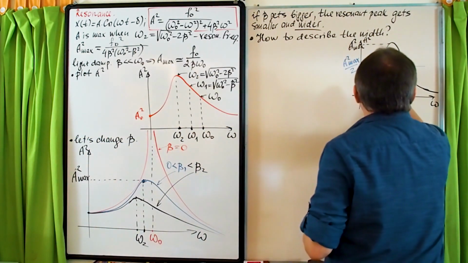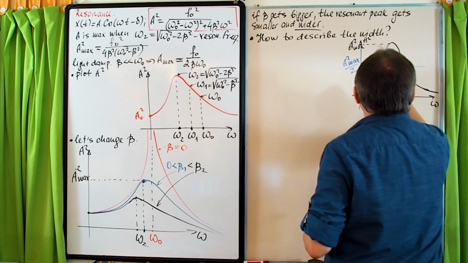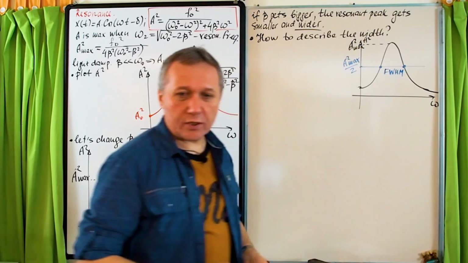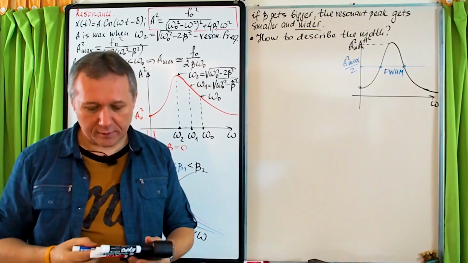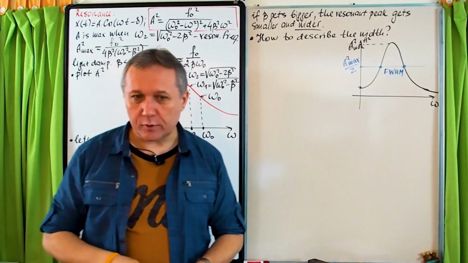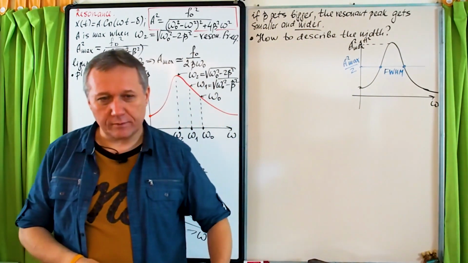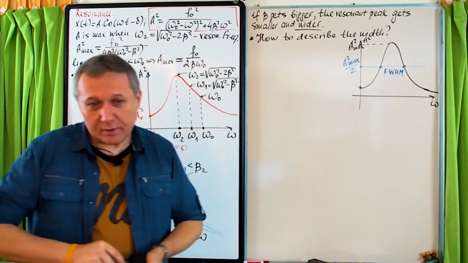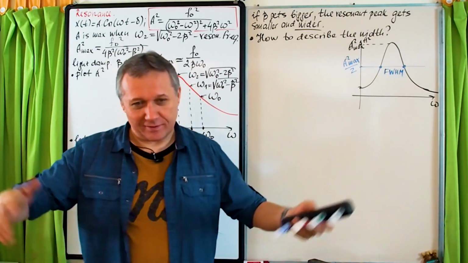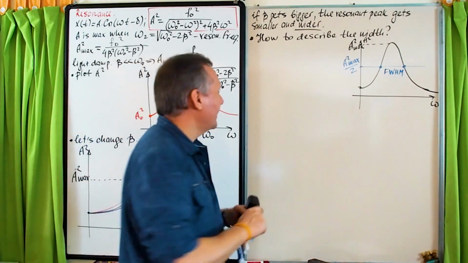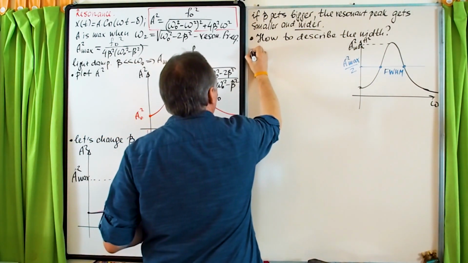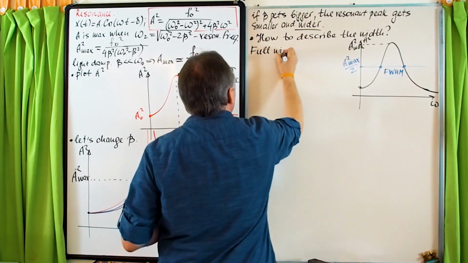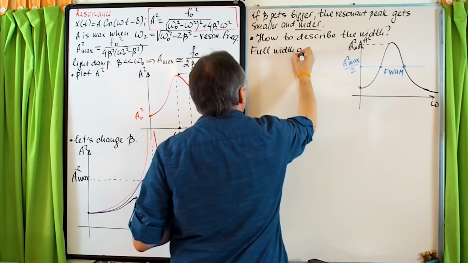So this is FWHM, full width at half maximum. It's a very, very common term if you're going to work in optics or laser physics. It's almost everywhere. When I worked at STL on my PhD, it's like an everyday tool. So let me write full width at half maximum.